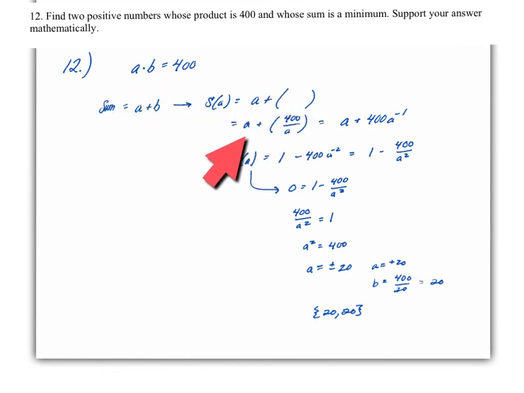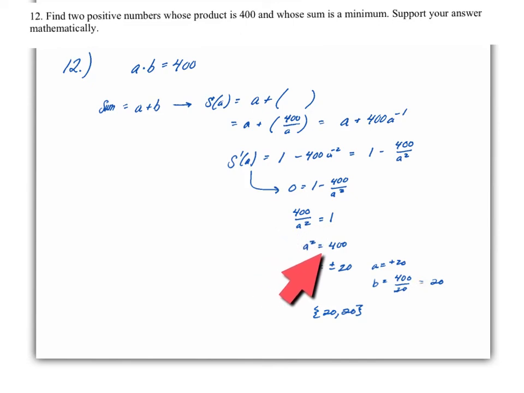So S of a is a plus 400a to the negative 1. And if we take the derivative, the coefficient for a was 1, minus 400a to the negative 2, bringing a squared to the denominator. That's how I'm going to solve. I'm going to move my negative fraction to the left. So 400 over a squared equals 1 as I try to find this critical number.